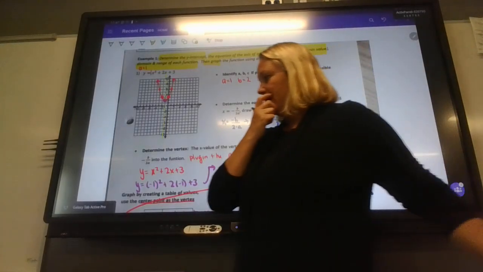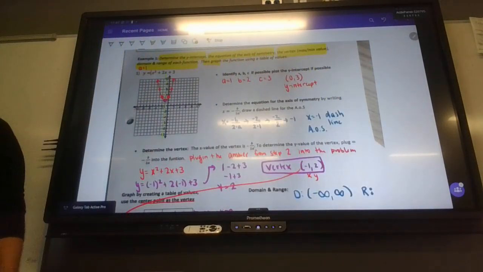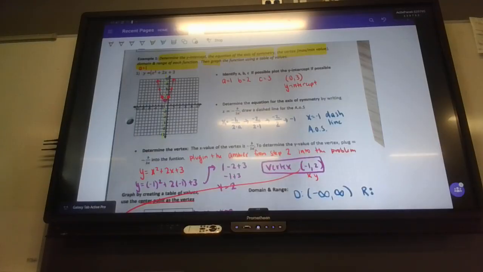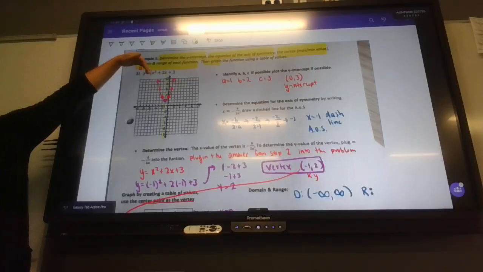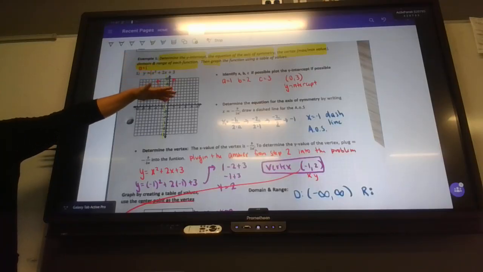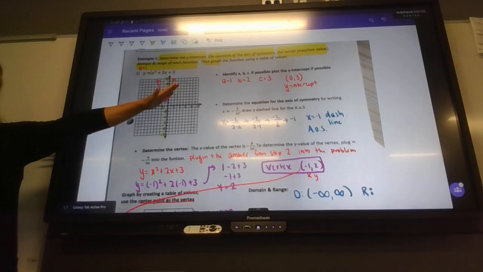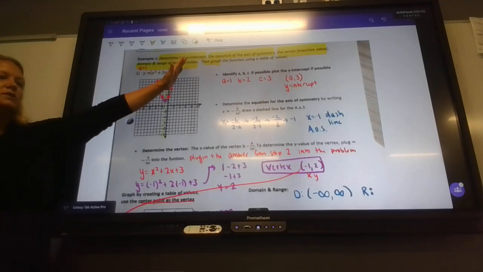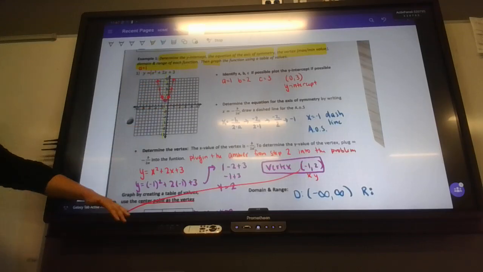The range, talking about y values, is a little more complicated. When I swoop down on this parabola, reading it from left to right, I'm decreasing, decreasing, decreasing, flatten out at 2, turn around, increasing, increasing, increasing. It never goes below 2.